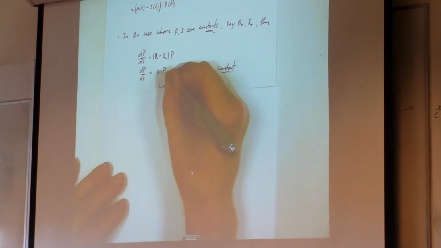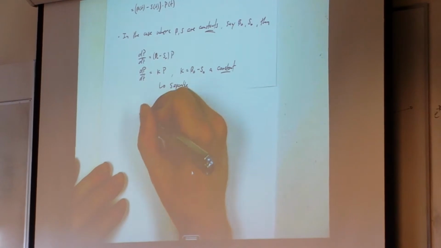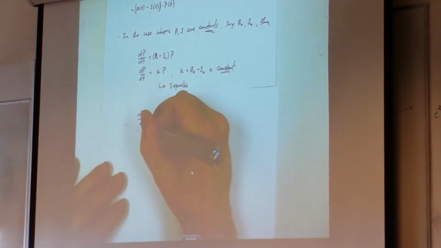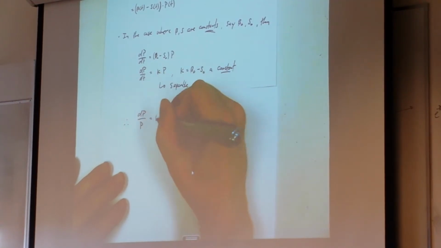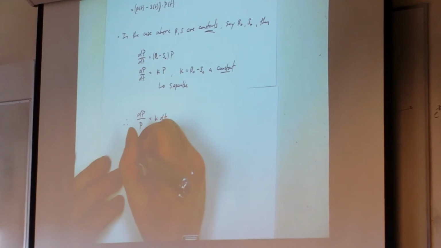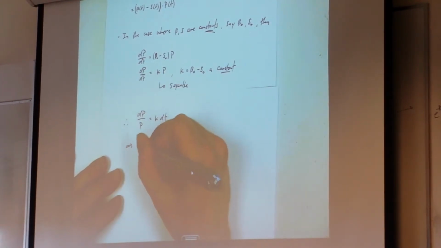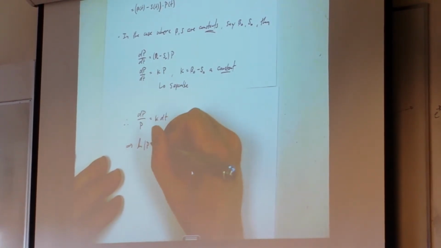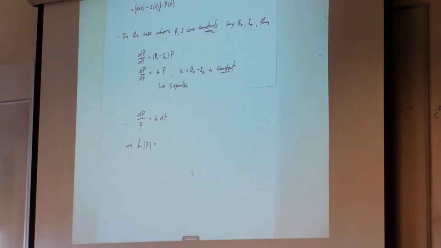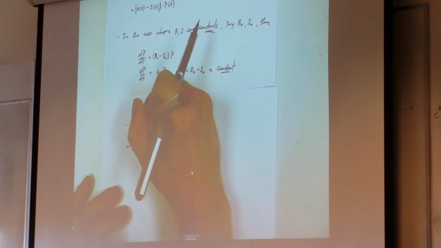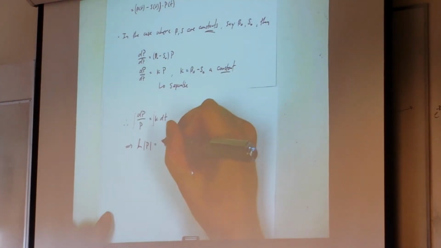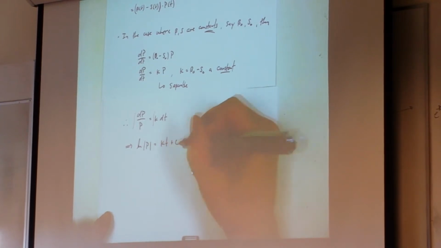We get dP over P equals K dt. And that gives us, I integrated, didn't tell you, natural log P equals Kt plus some constant of integration.